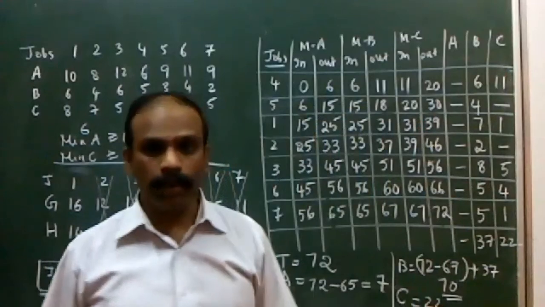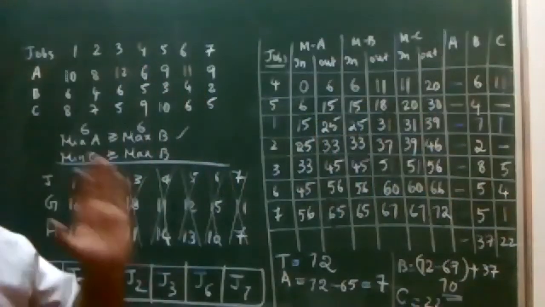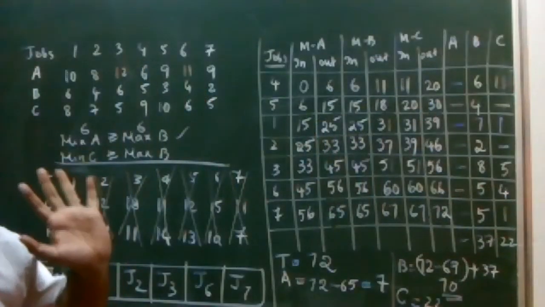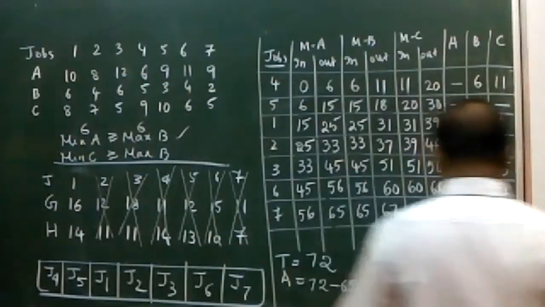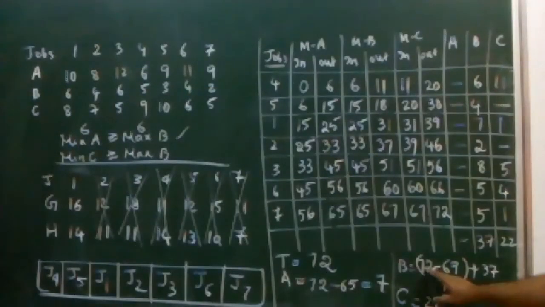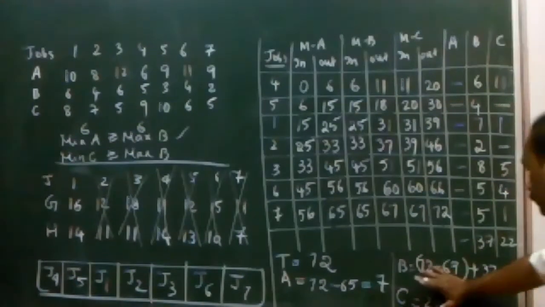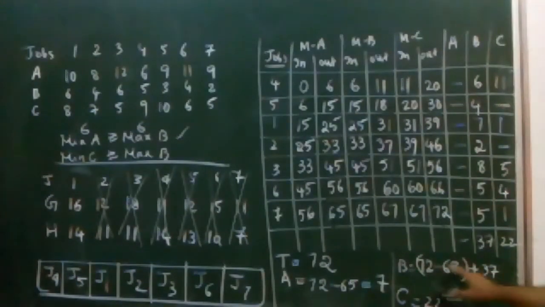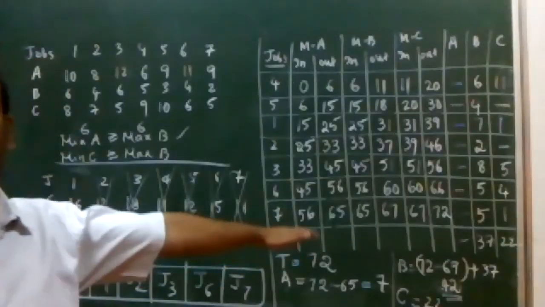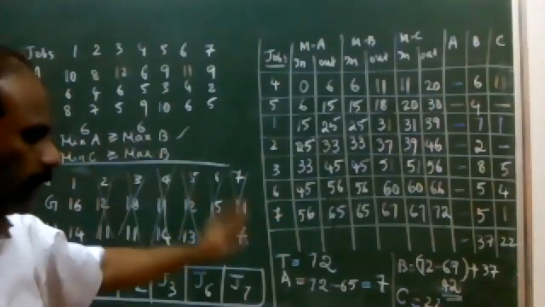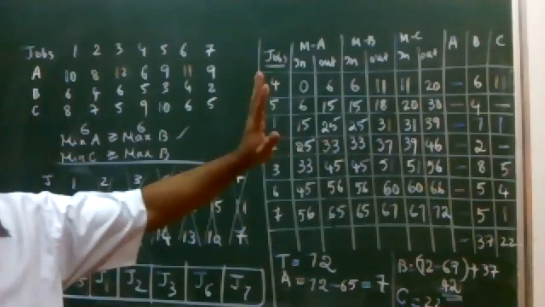So 22 is your idle time for machine C. So 72 minus 67 is 5. 5 plus 37 is 42. So 42 becomes your idle time for B and 22 becomes the idle time for C.